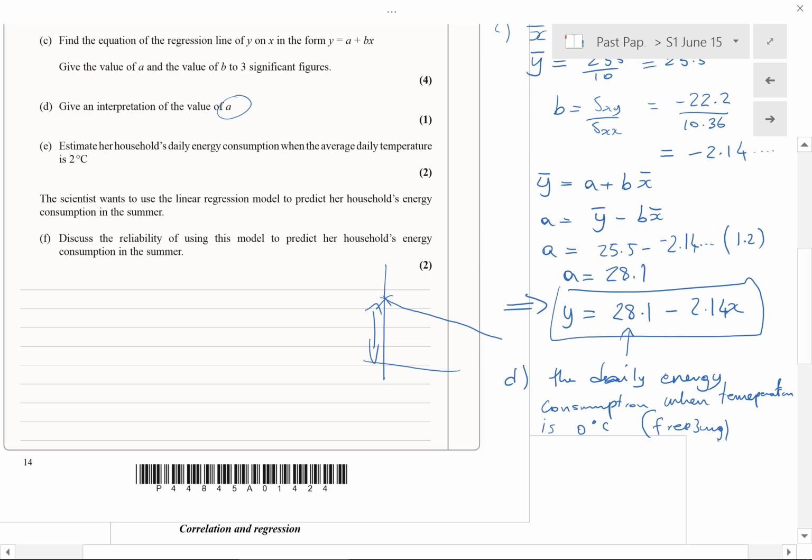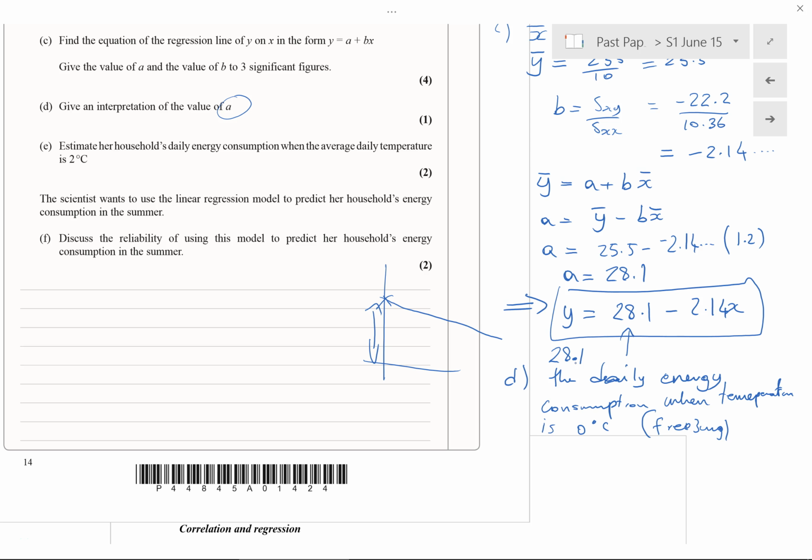Okay, it might be worth actually writing the number in. The mark scheme didn't insist on it, but it perhaps would be a good idea to write it just in case. But that's the answer to part D.